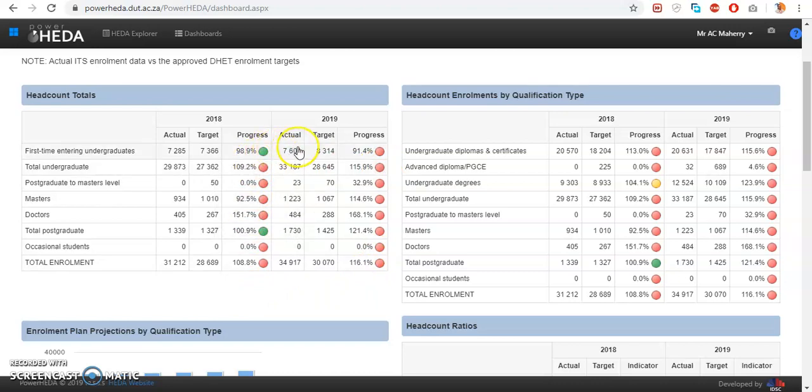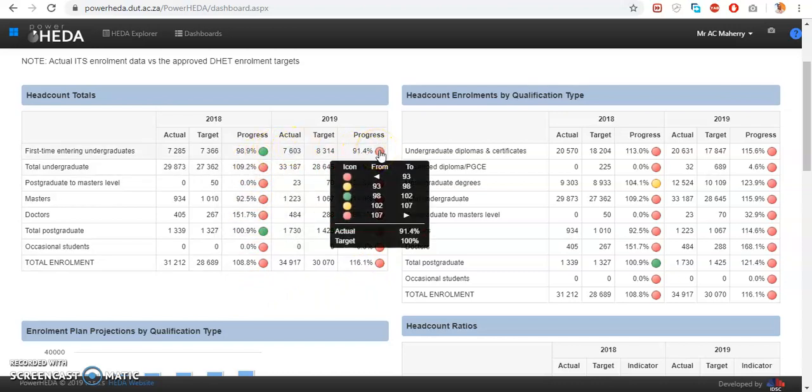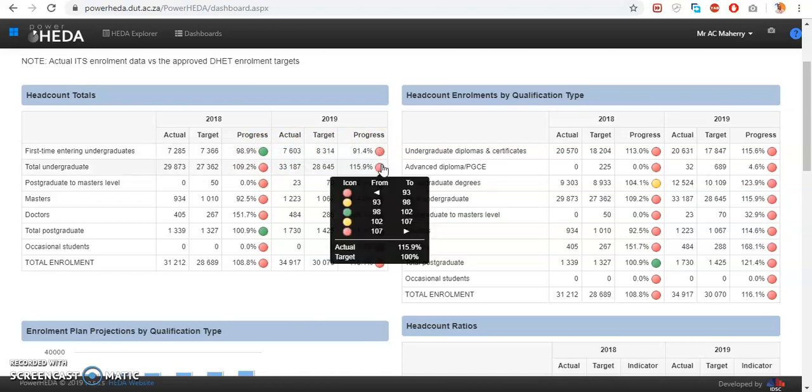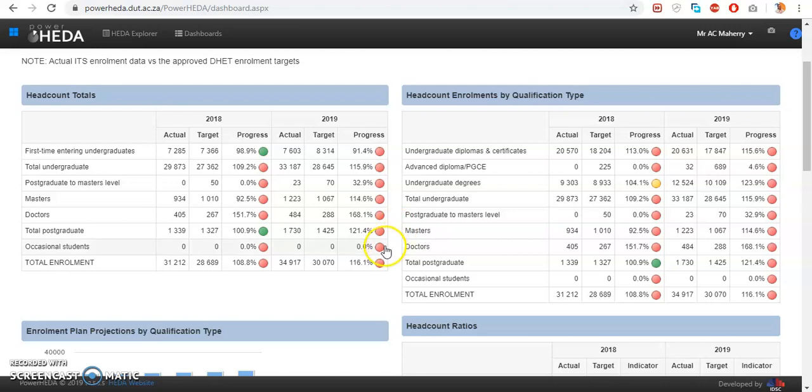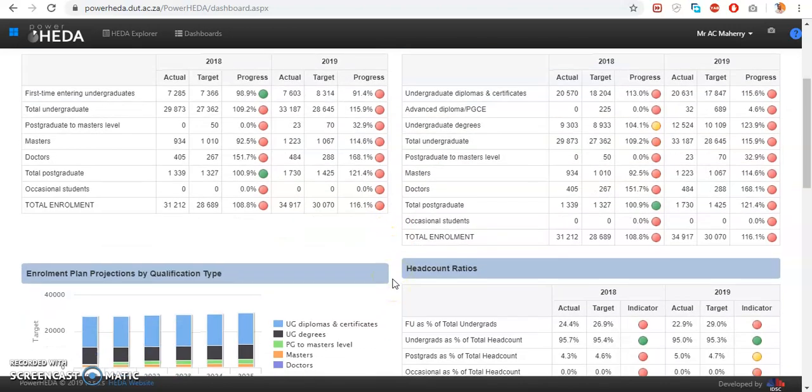So you can see for 2019 we underachieved in terms of the first time entering graduates. However, we've overachieved and exceeded our target in terms of the total undergraduates. And because we have exceeded our enrollment targets, we will be penalized by the Department of Higher Education and Training as a result, because we did not stick to our enrollment plan.